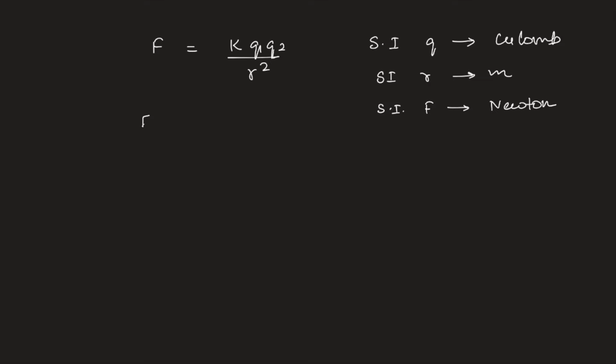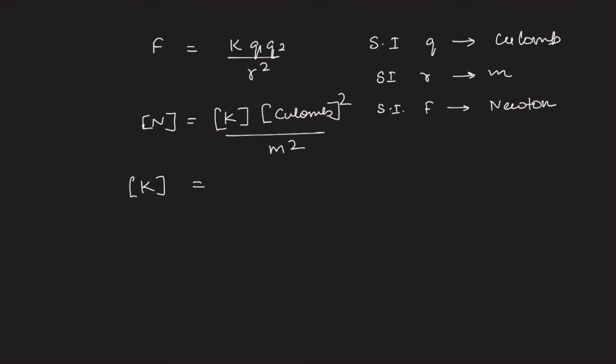So Newton times some unit K into Coulomb square upon meter square. So the unit of K is Newton meter square upon Coulomb square.